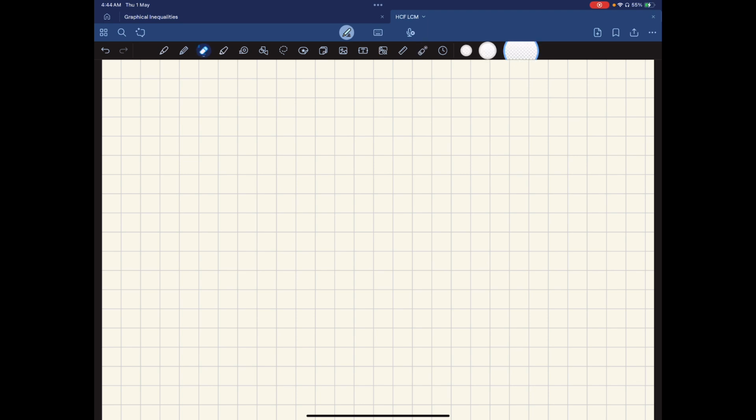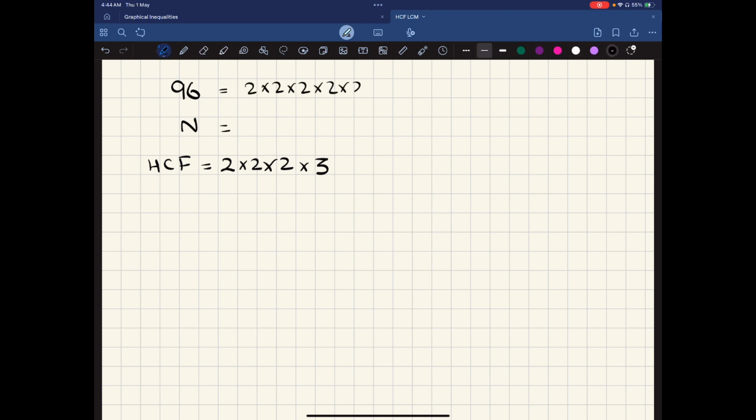So, for example, if they tell you that the HCF of 96 and a number n is 2 into 2 into 2 into 3, okay, and they've also given you the prime factors of 96, 2 into 2 into 2 into 2 into 2 into 3, okay, and the question states that given that n is less than 96, so let's write these conditions down.